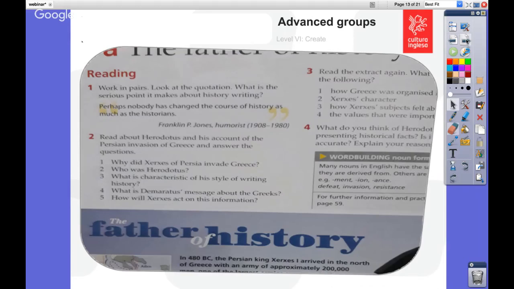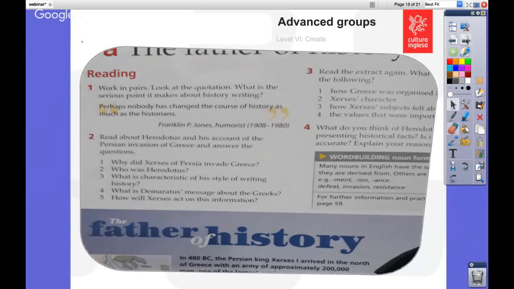So this is an advanced group. I'm sorry, I don't have the text for you here, but it's a text about Greece. And this is a very interesting topic, but again, they have to read the text and answer some questions. So what I thought was, instead of answering the questions, you can use the evaluate level.